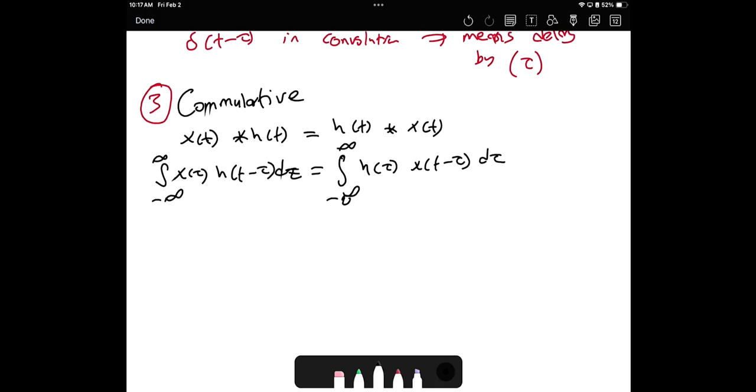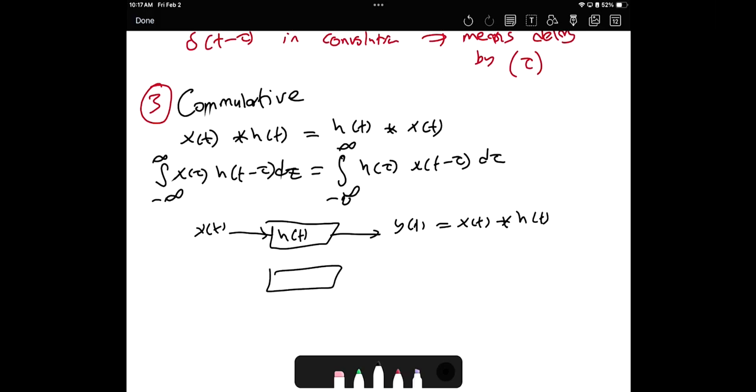How does this look like in the block diagram? If, for example, we used to write the convolution with input x of t and h of t in the box, giving y of t, that's what we used to write. The same thing, we can write in the opposite way: we can let the input be h of t, while x of t is in the box.